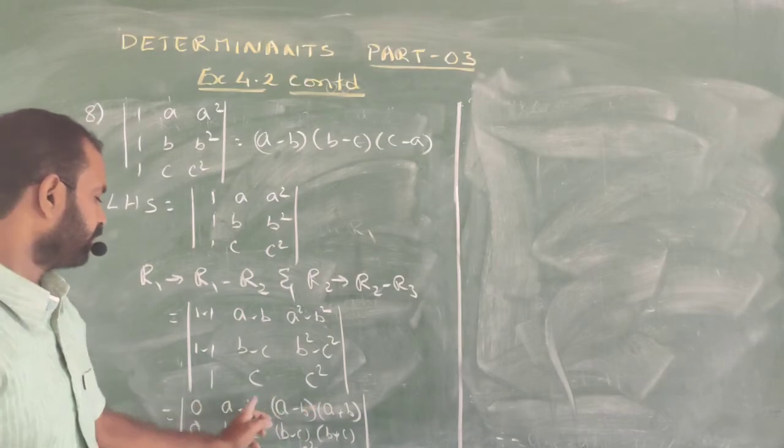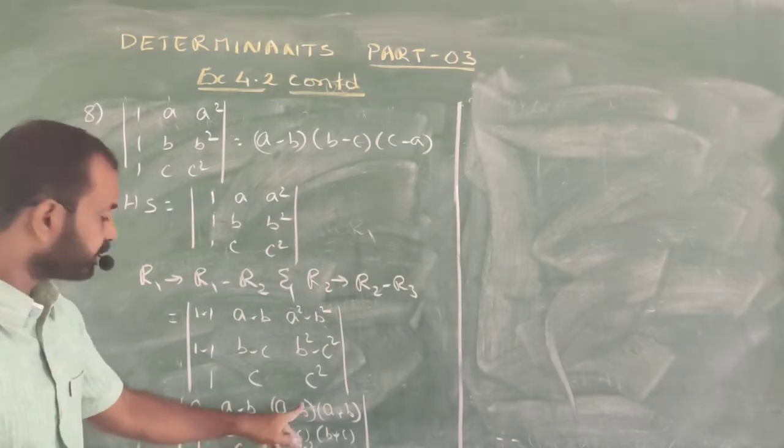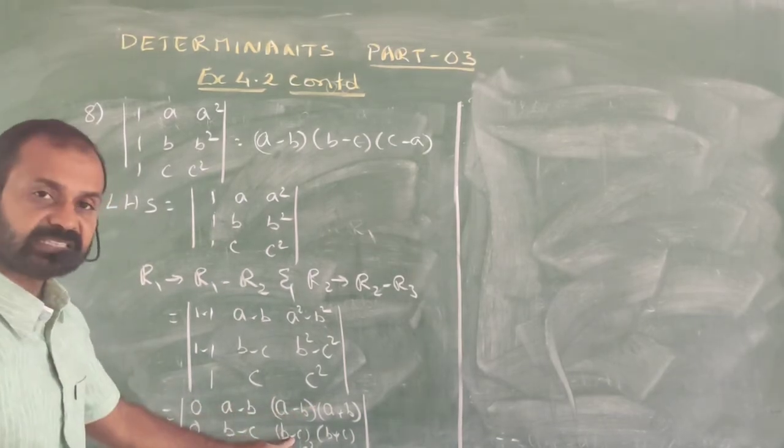Now in R1, a minus b is there, in R2, b minus c is there.